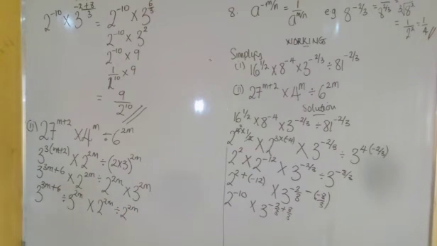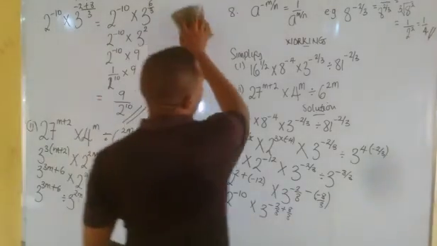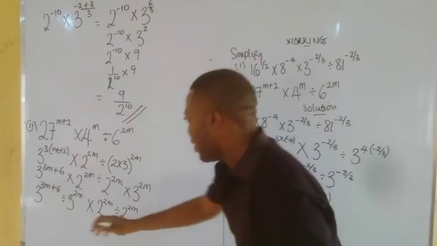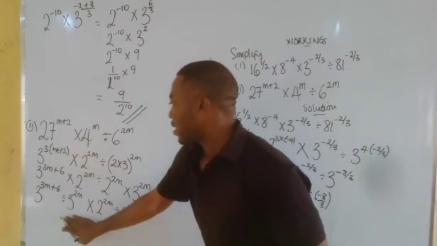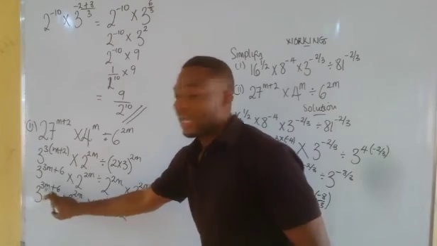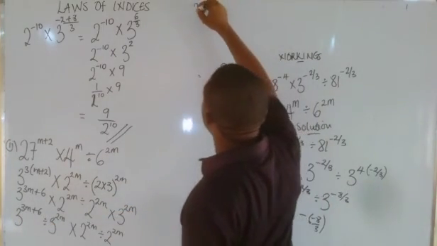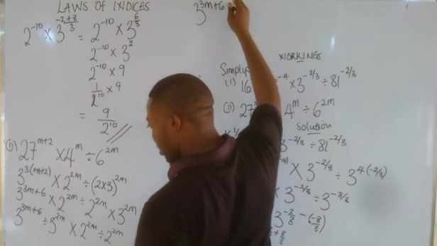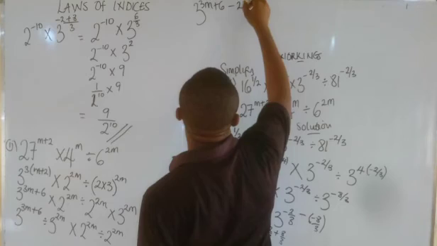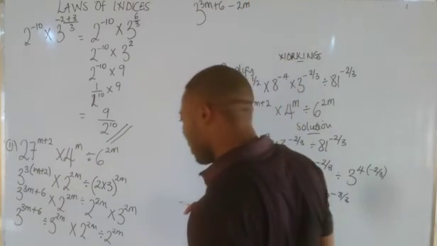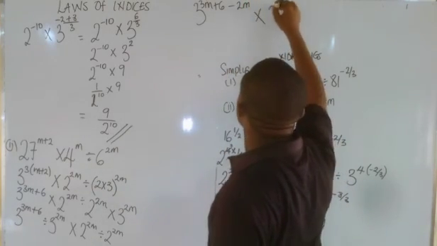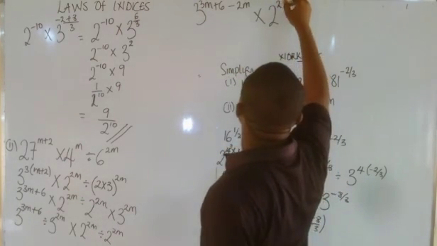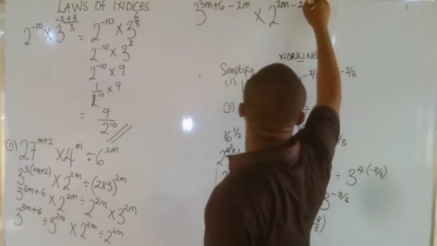Okay, so if we solve further, we'll have, now since these two are the same, remember our second law, but in division, we take the base and subtract their powers. So we'll have 3 raised to the power 3m plus 6 subtract 2m, times 2 raised to the power, since these two have the same base, 2m minus 2m.